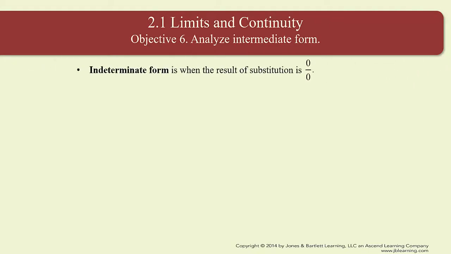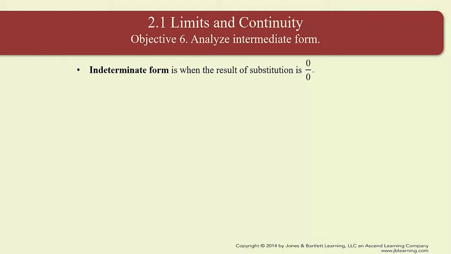However, sometimes the direct substitution that we try first doesn't work. Sometimes when you try direct substitution, it produces an indeterminate form. Indeterminate form is when you substitute and you get 0 over 0. We don't know what 0 over 0 is. That's why it's called indeterminate form.